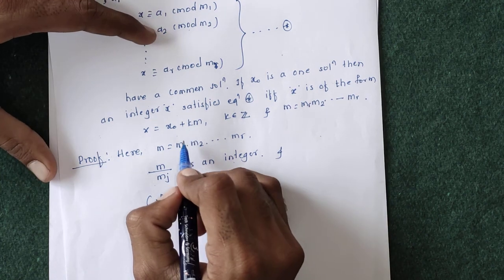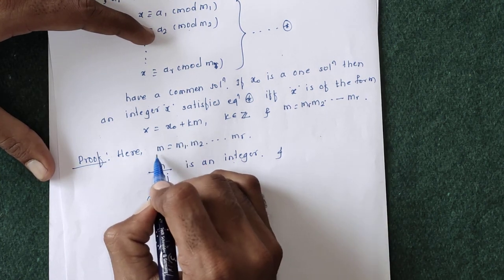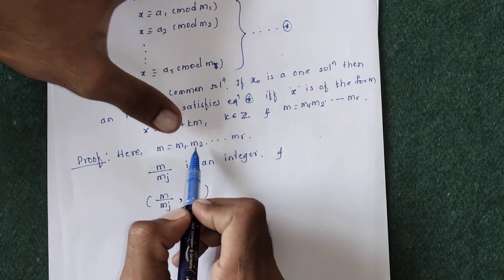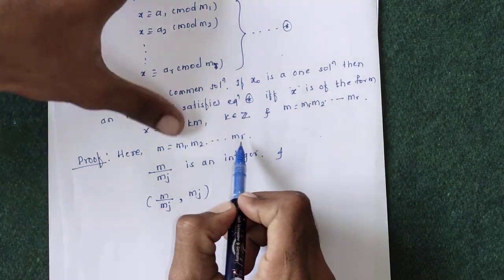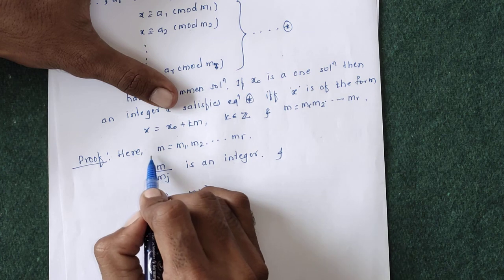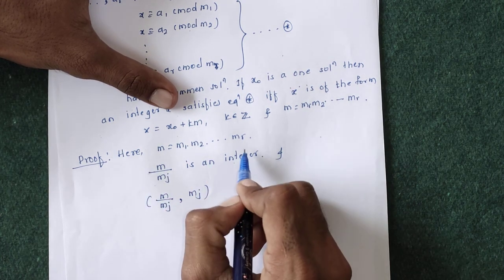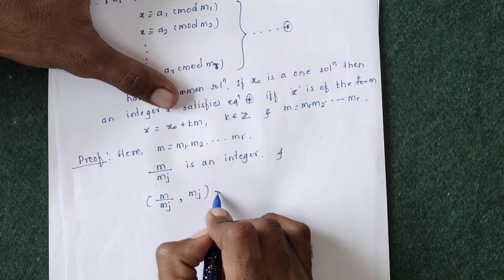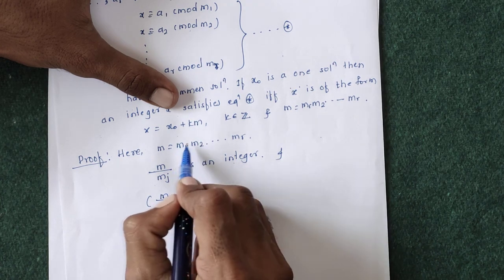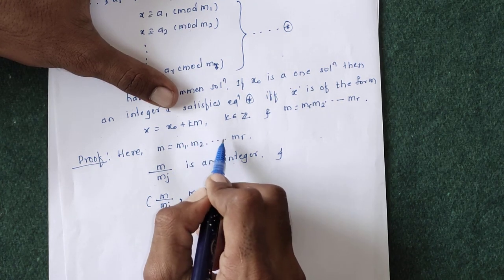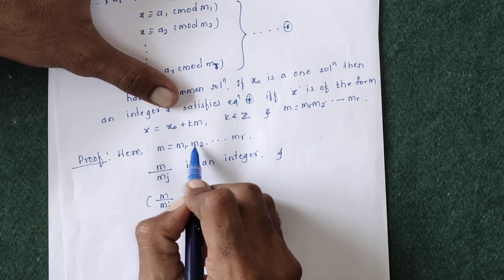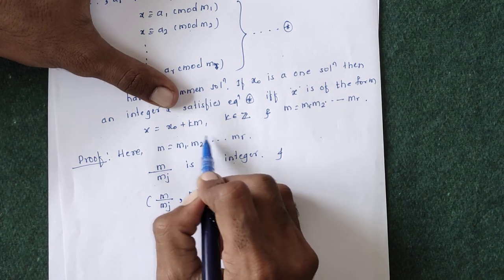If we divide this number m by m1, then we get the multiplication of m2, m3 up to mr. Then if you take the GCD of m by m1 with m1, their GCD is clearly 1, since these integers are relatively prime in pairs, that is, the GCD of these two integers is 1, the GCD of the remaining two integers is again 1.